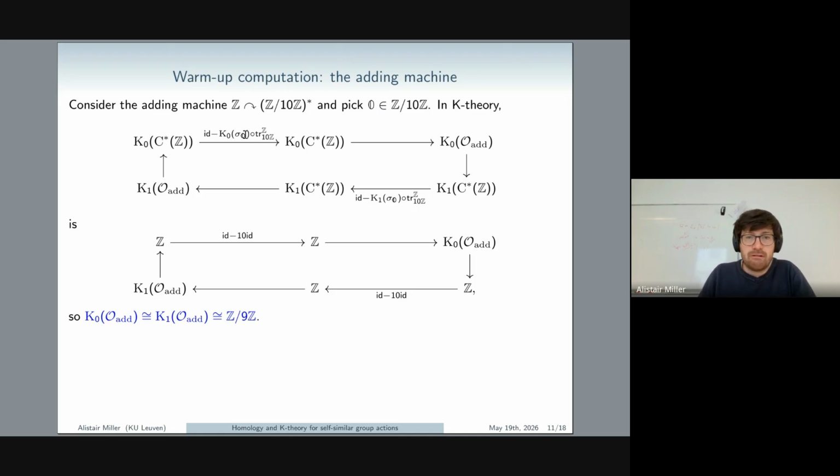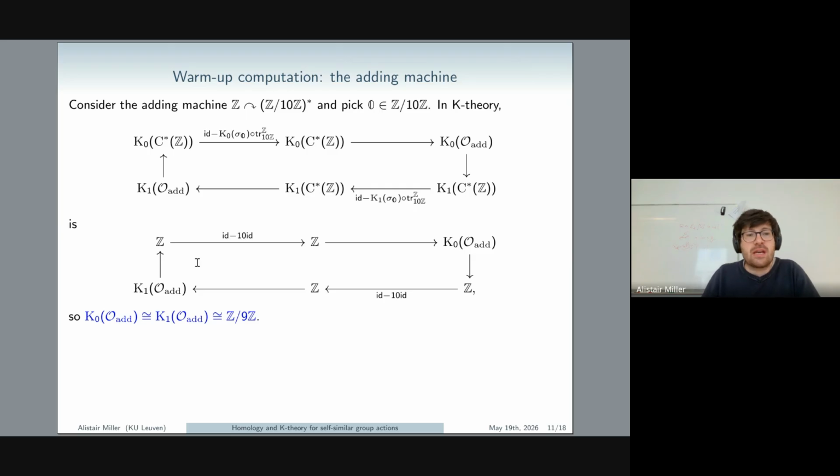So all of the K-theory groups that we know are Z. And the transfer map is the times 10 map on K-theory. The virtual endomorphism, we saw that was the divide by 10 map, which is an isomorphism. So in K-theory, this is just going to give us an isomorphism, i.e. the identity on Z. So altogether, this is the times minus 9 map.